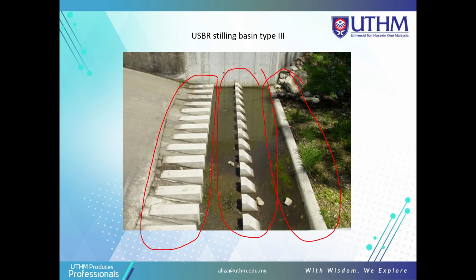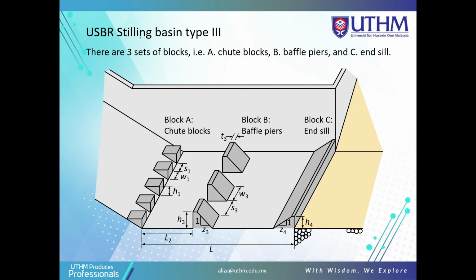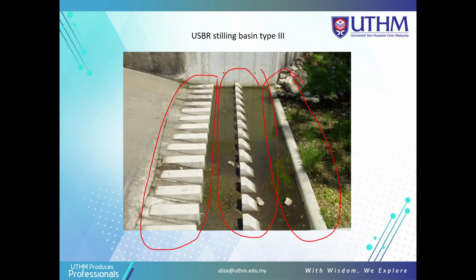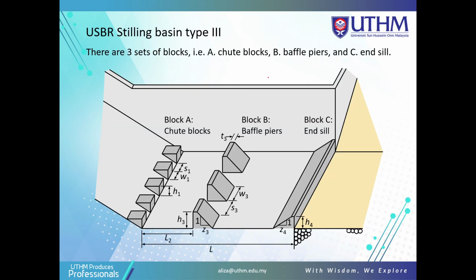To design USBR Stilling Basin Type 3, there are 3 sets of blocks. They have block A here, block B here, and block C. So this is block A, block B, and block C. They have 3 types.